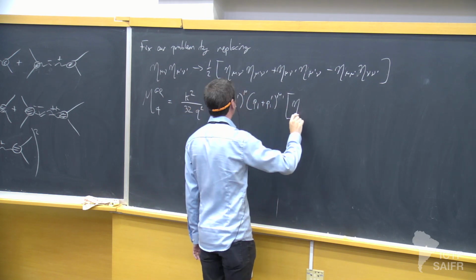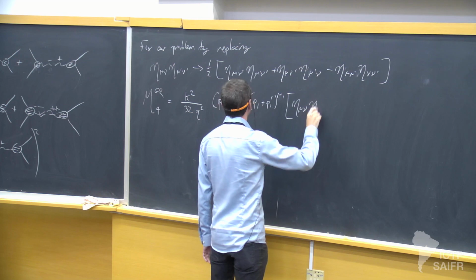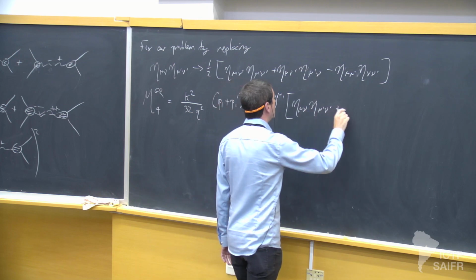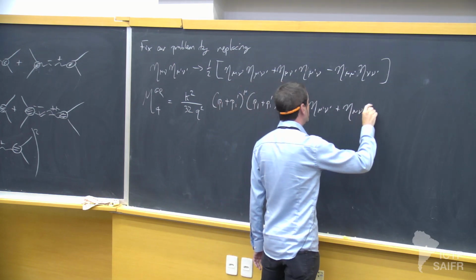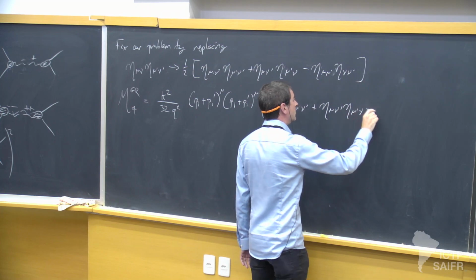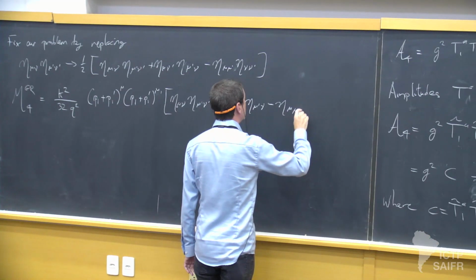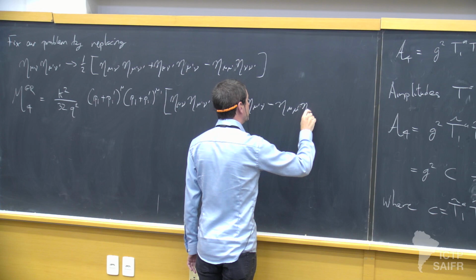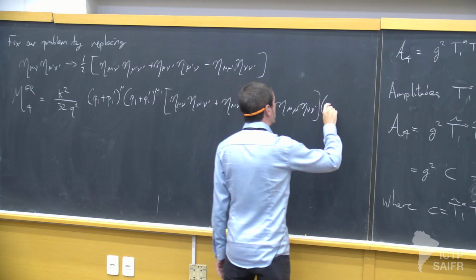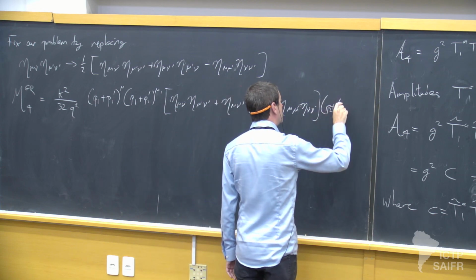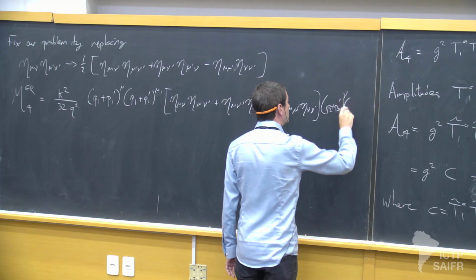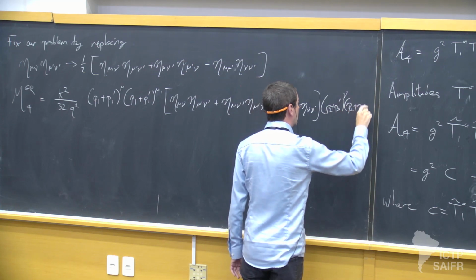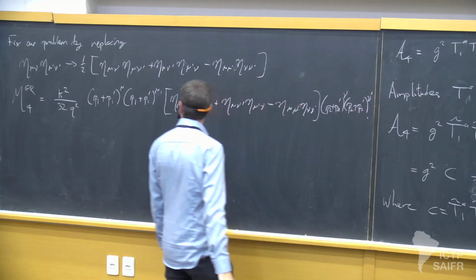We have to write the right propagator or projector now. Mu prime plus eta mu nu prime, eta mu prime nu minus eta mu mu prime, eta nu nu prime, P2 plus P2 prime, nu, P2 plus P2 prime, nu prime.